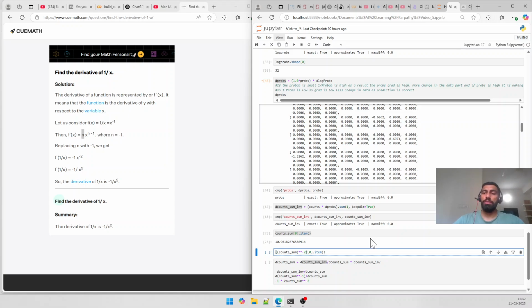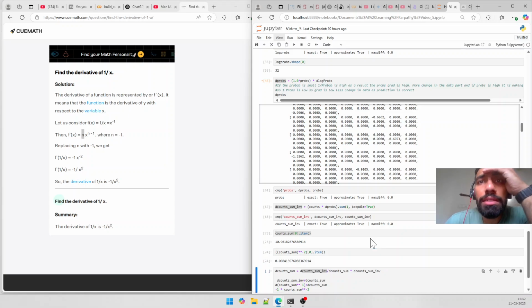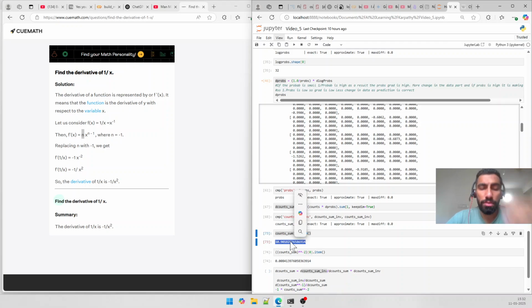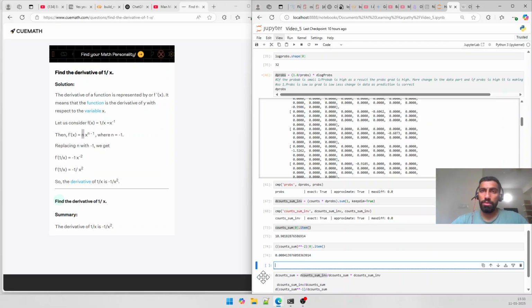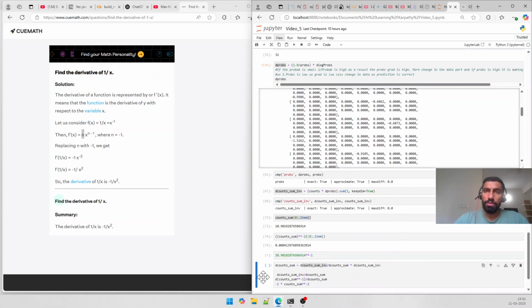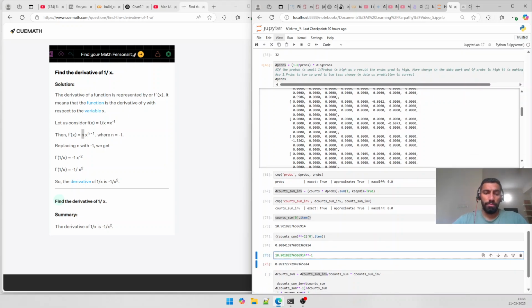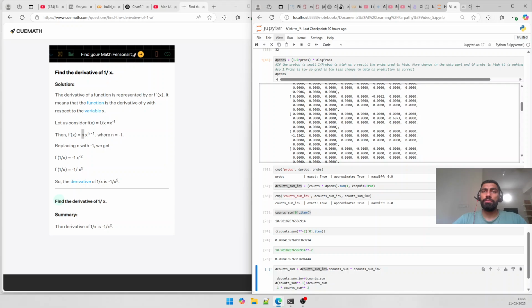Something like 1 by 1000, somewhat like that. Is this the answer? I'm not sure, but I believe that's how it should be. Near about the same.